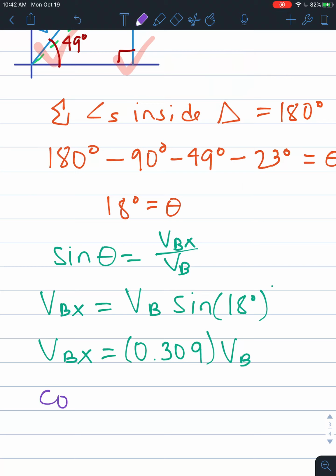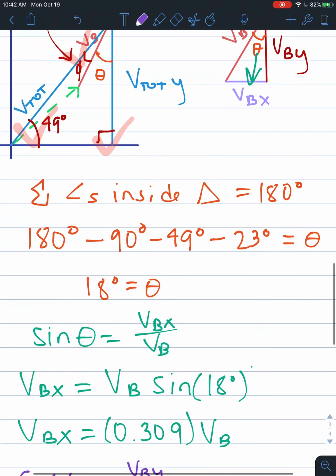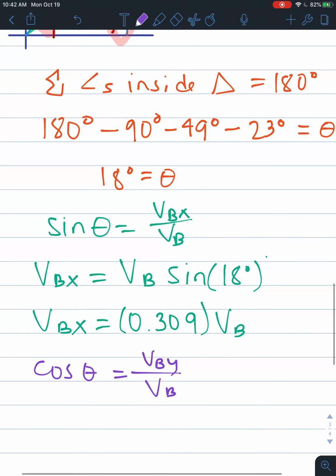And similarly, we have the cosine of theta equals VBY over VB, right? Because that's that adjacent side. This is our adjacent side here, so we're going to use cosine, because SOH CAH TOA, right? CAH, adjacent over hypotenuse.